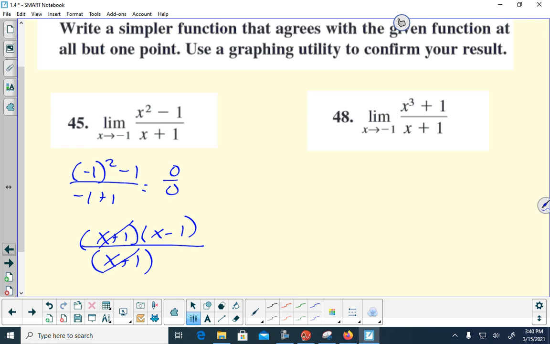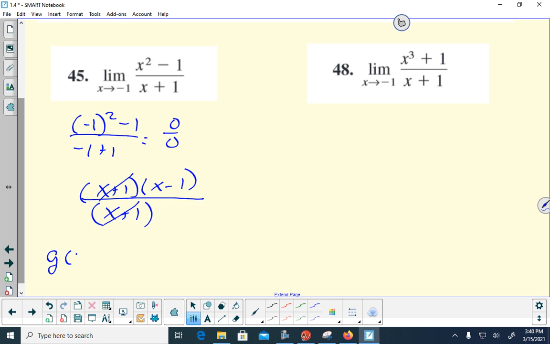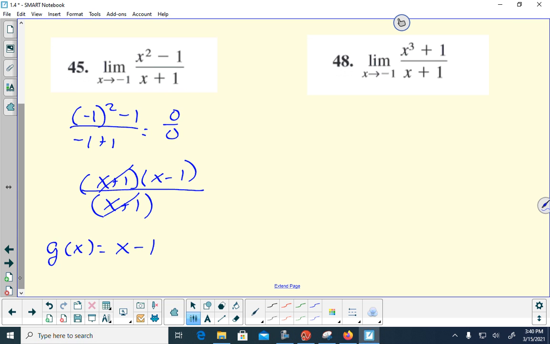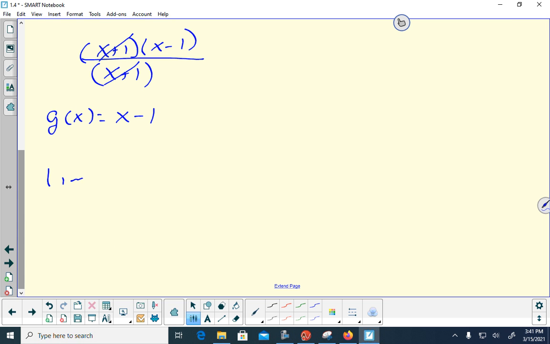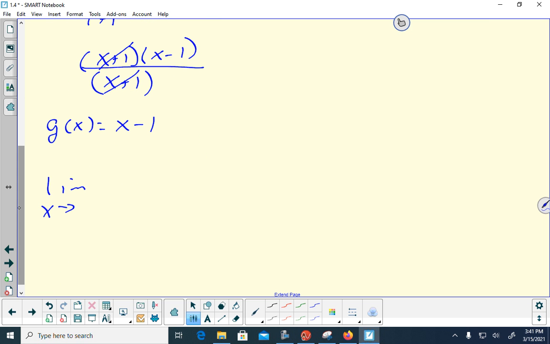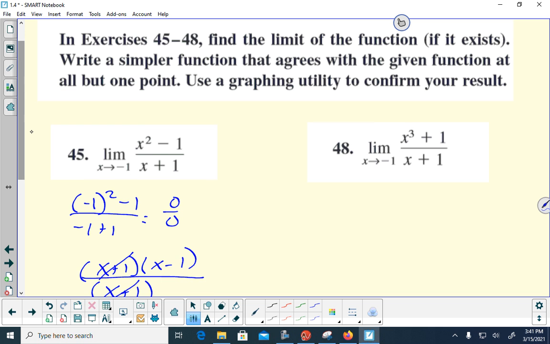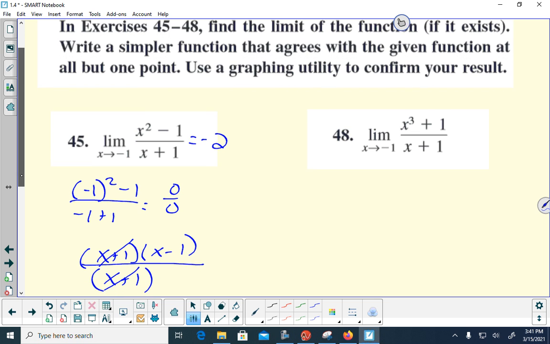So the function that agrees at all but one point would be this function that I'm going to call x minus 1. Now to find the limit as x approaches -1, I'm going to do -1 minus 1, and I'm going to get -2, which means all the way back up here, this limit is -2 because they agree at every point except for when x is equal to -1.